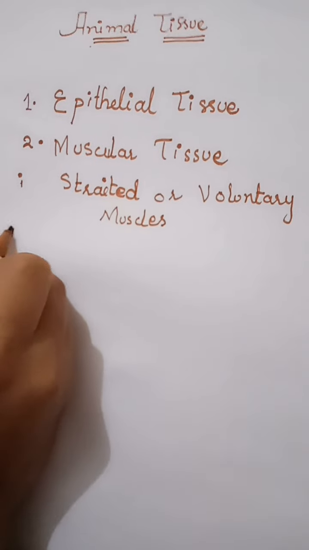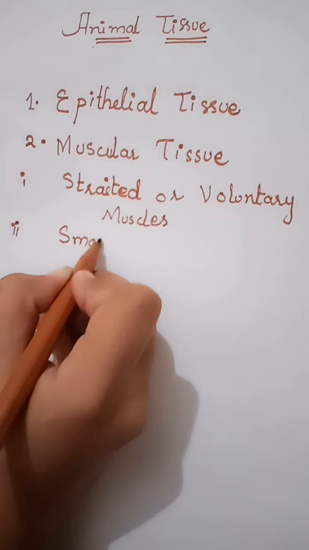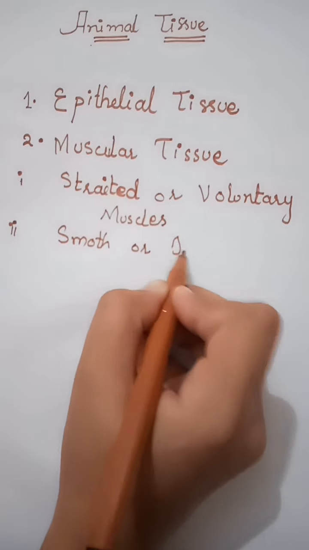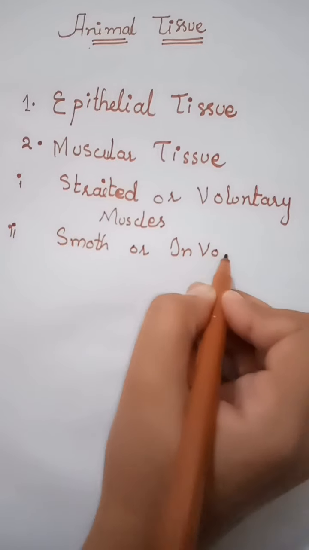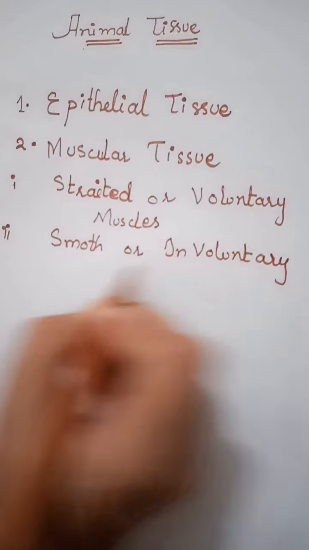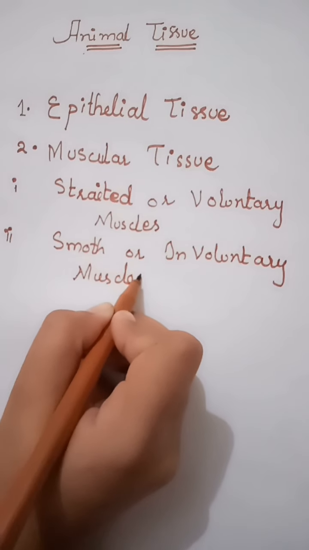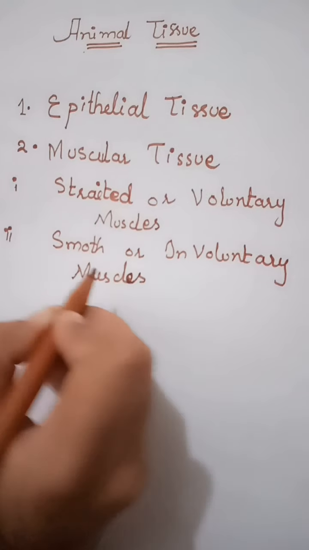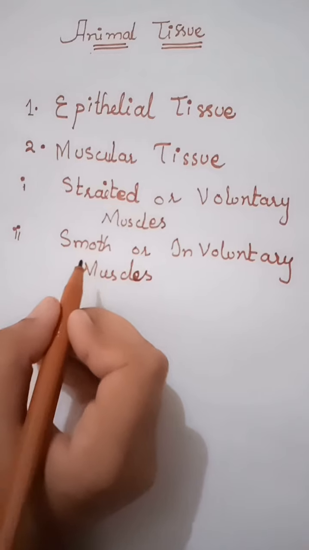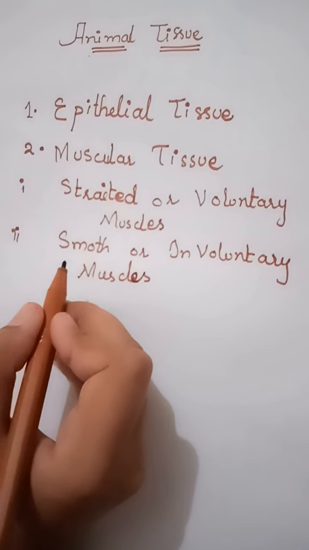Number 2, smooth or involuntary muscle. The smooth muscle cells are delicate, spindle-shaped, uninucleate and without striations.